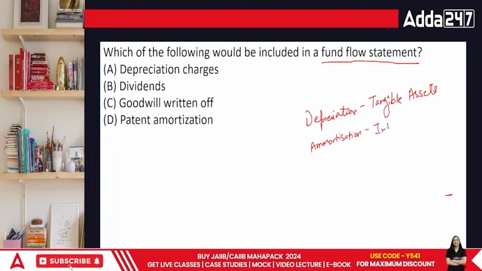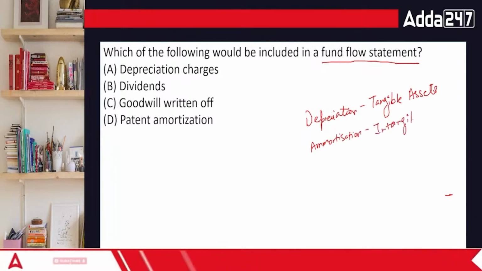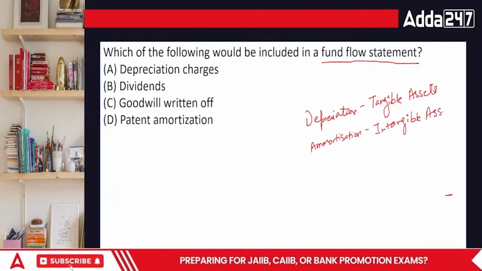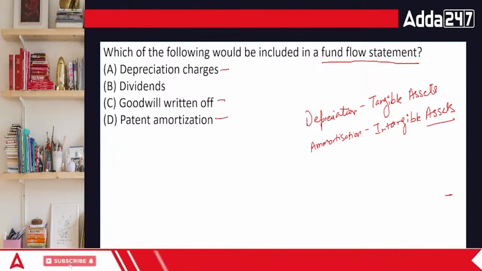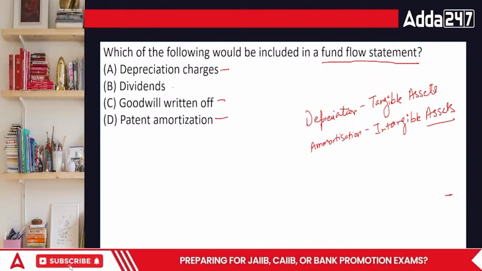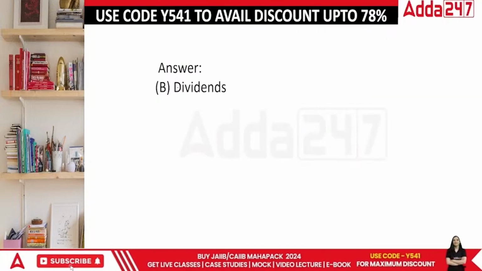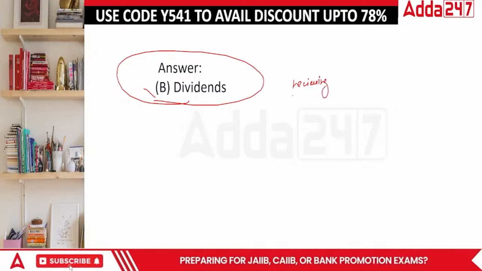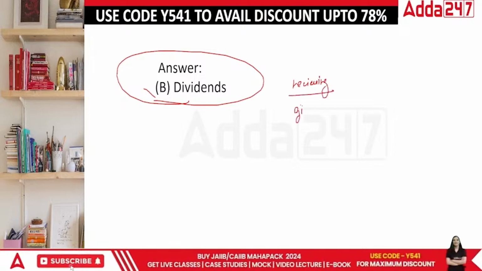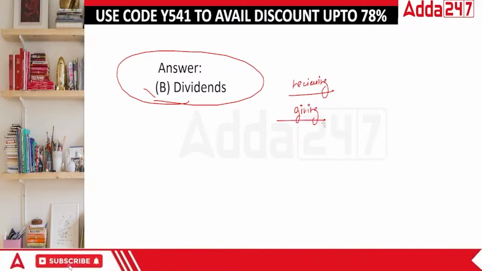I can just say my car is getting old and I can claim the loss because I'm using it in the business. So all of these are not in a form of any flow of funds. So the correct answer is dividend, because there is either receiving or giving. That's the answer, everyone.